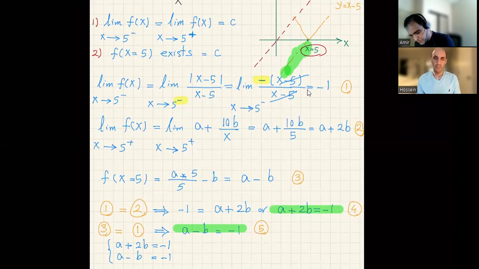So I just multiply the second equation by 2. What I get is that A plus 2B is equal to -1.